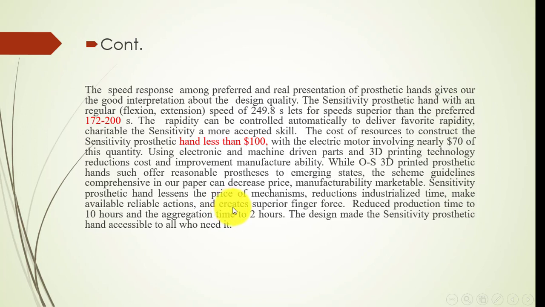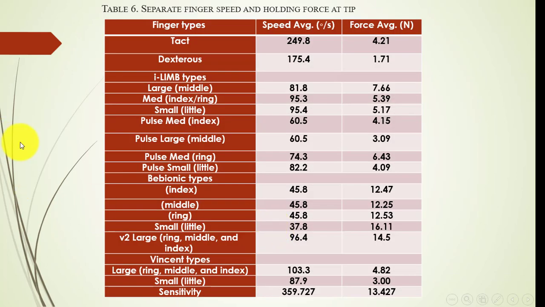Manufacturing using the 3D printer lowers the price of the mechanism, and overall this technique using a 3D printer may reduce the overall cost of the hand system compared with other researchers.